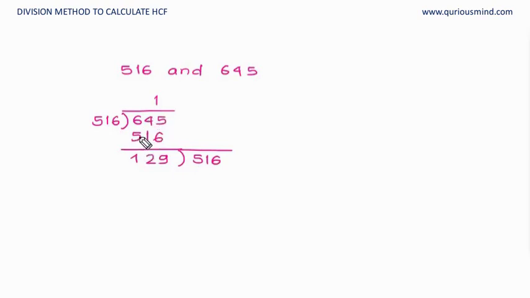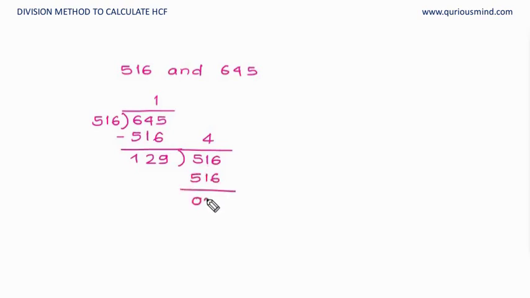See here, when we subtracted 516, we got 129. It's a non-zero remainder, and hence we shifted this divisor as dividend. Now again, here we can see it's 4 times. So how much is that? 9 4s are 36, 3 carry forward, 12 4s are 48, and 3 is 51.